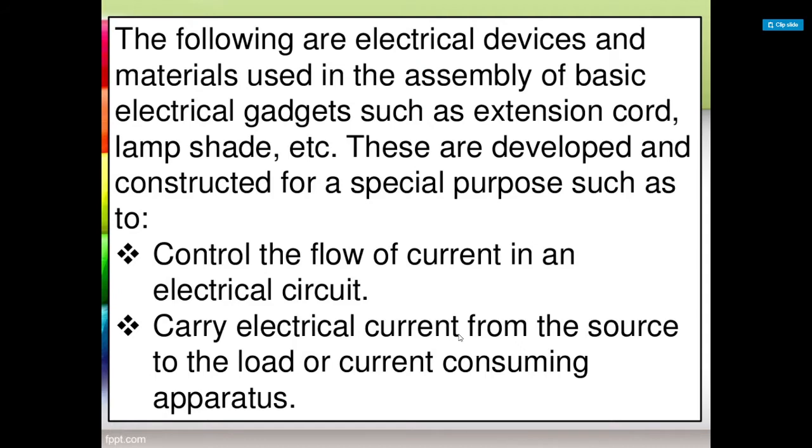So, the purpose of electrical supplies is also to carry electrical current from the source. And in our homes, our source of electricity, of course, is from the post, right? Which is supplied by Meralco. And if we want to watch TV, the source is the convenience outlet in our homes.